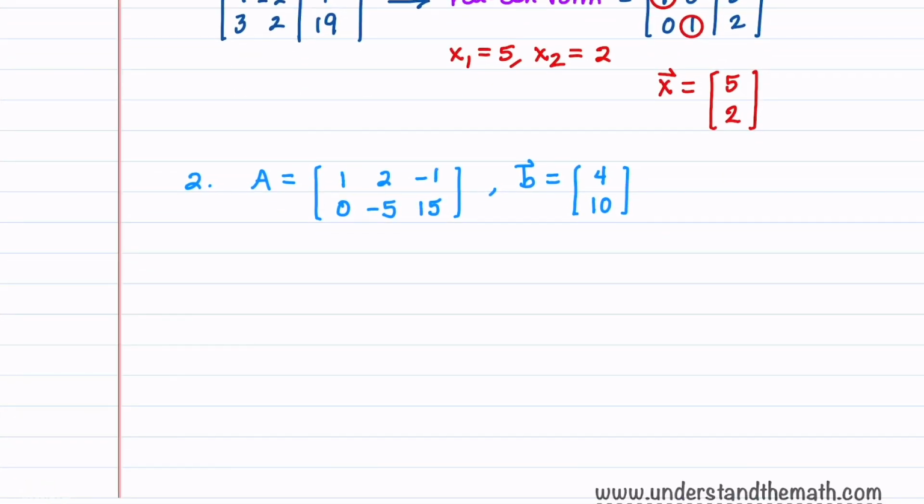Let's now look at our second example. We'll put A and B into an augmented matrix, and then reduce it to reduced echelon form.